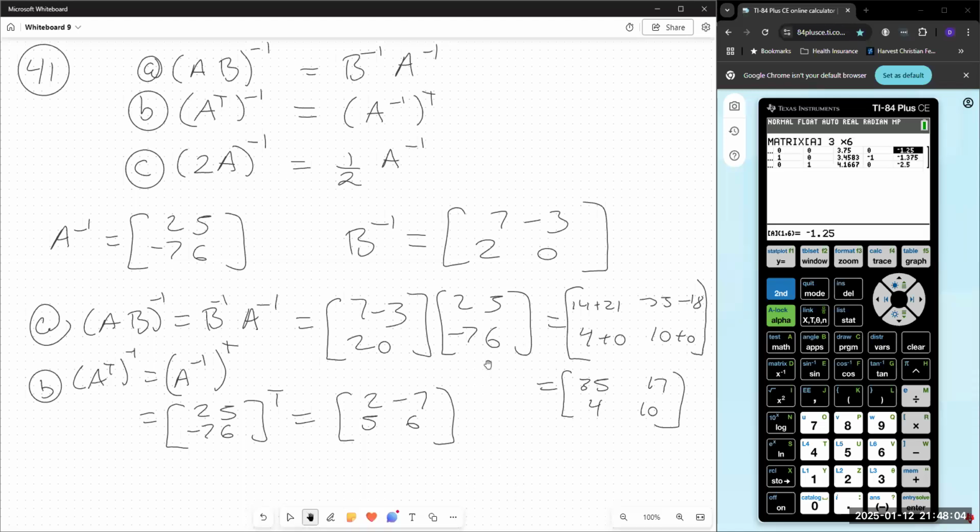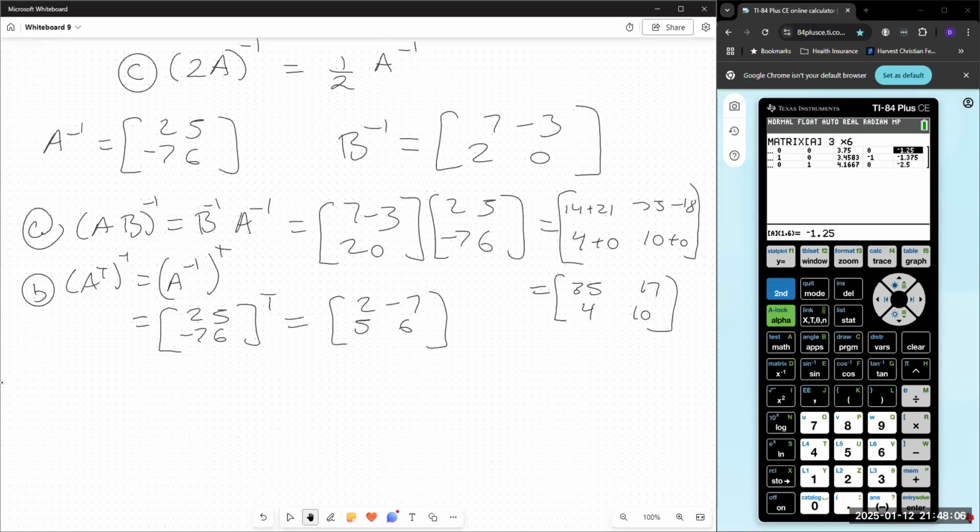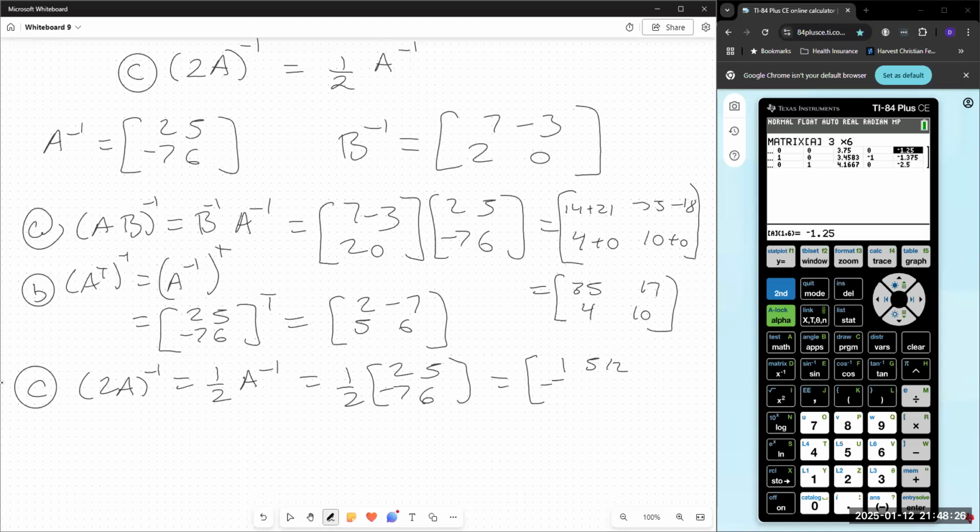And then part C asks me for 2 times matrix A inverse, which is 1/2 of the inverse of A, which is 1/2 of 2, 5, -7, 6, which is 1, 5/2, -7/2, 3.